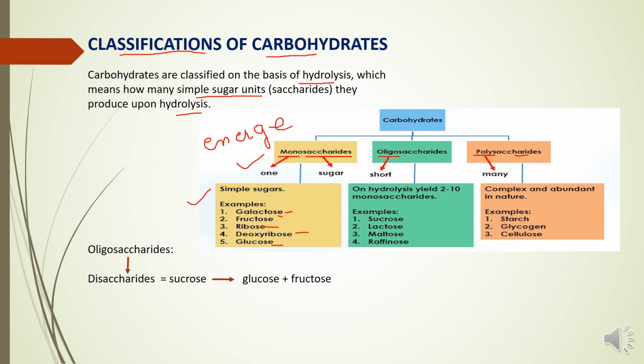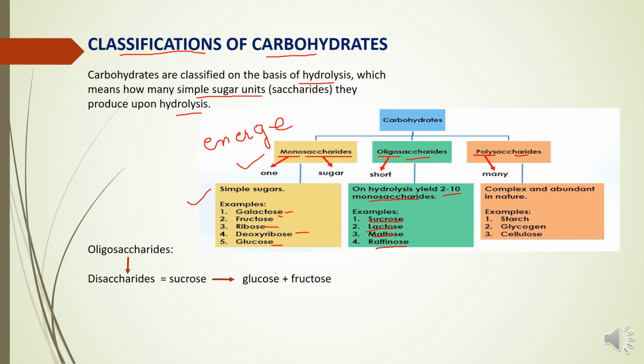Now we are studying the second classification, oligosaccharides. When oligosaccharides undergo hydrolysis, they give 2 to 10 monosaccharide sugar molecules. For example, sucrose, lactose, maltose, raffinose.